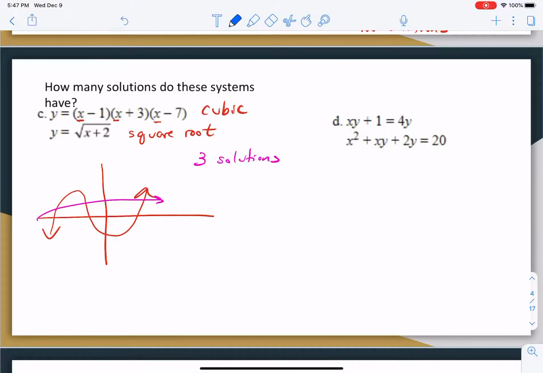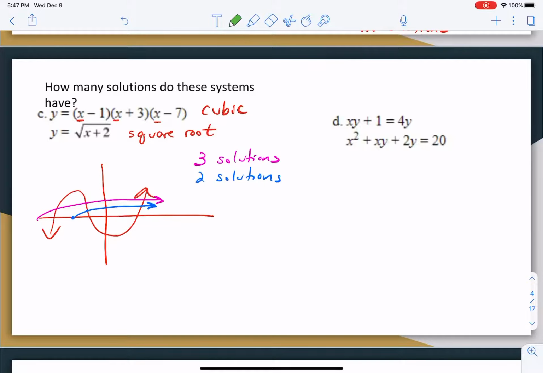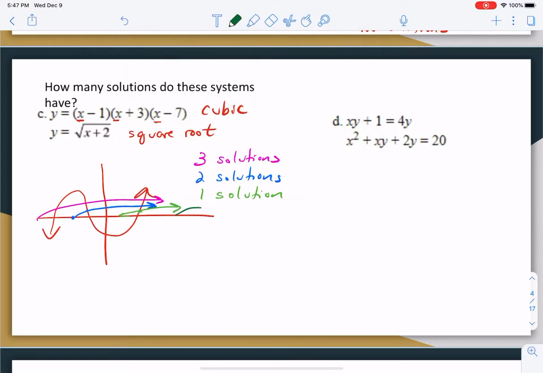Or I could have a square root that only intersected that graph in 2 locations. I could have a square root function that only intersected the graph in 1 place. Or I could have a square root function that did not intersect that graph at all and have 0 solutions.